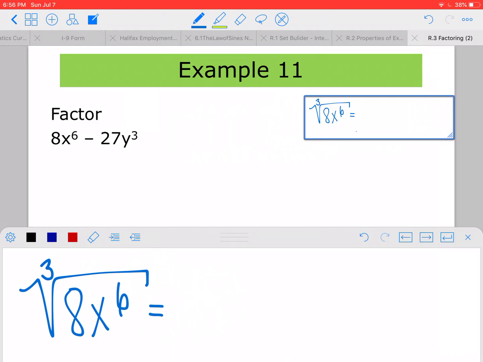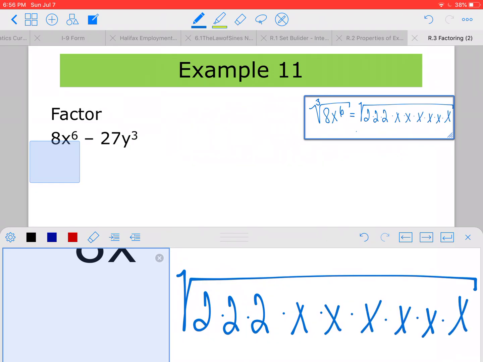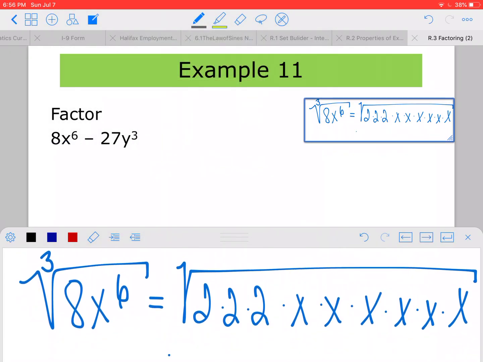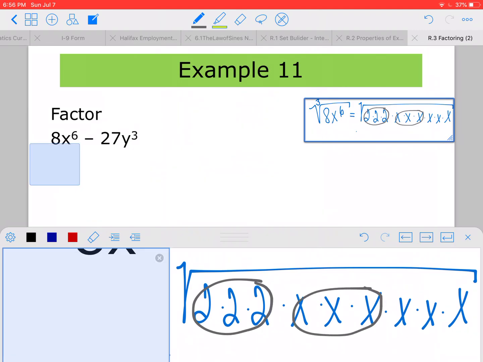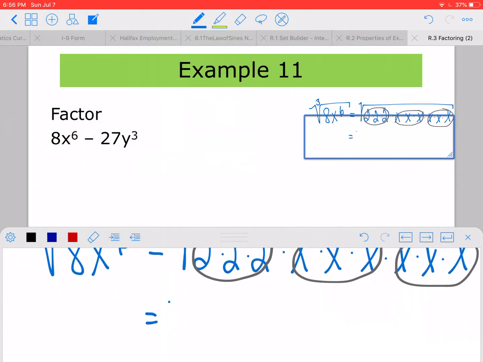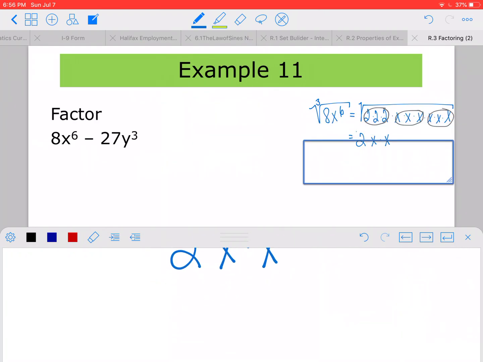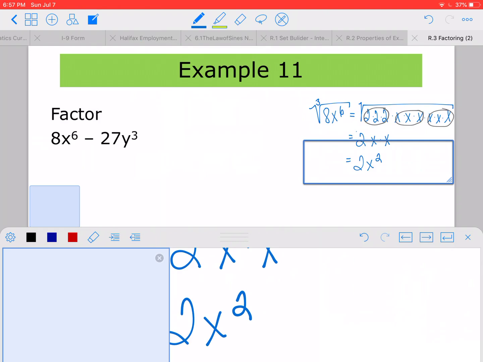So we would have 2 times 2 times 2, and then x times x times x times x times x times x. Okay? Remember groups of 3. So you have a group of 3 here, we have a group of 3 here, and we have a group of 3 here. And so out comes the 2 and an x and another x. So that leaves us with 2x squared. So the cubed root of 8x to the 6th is 2x squared.